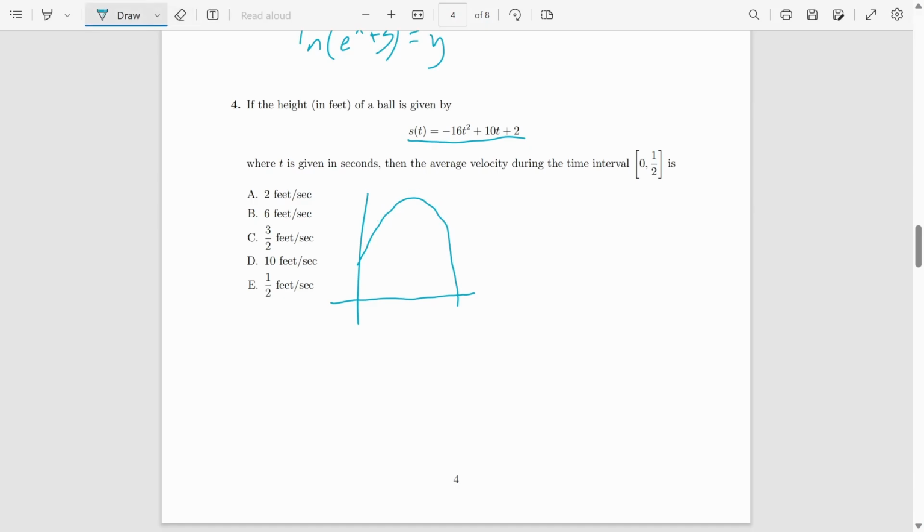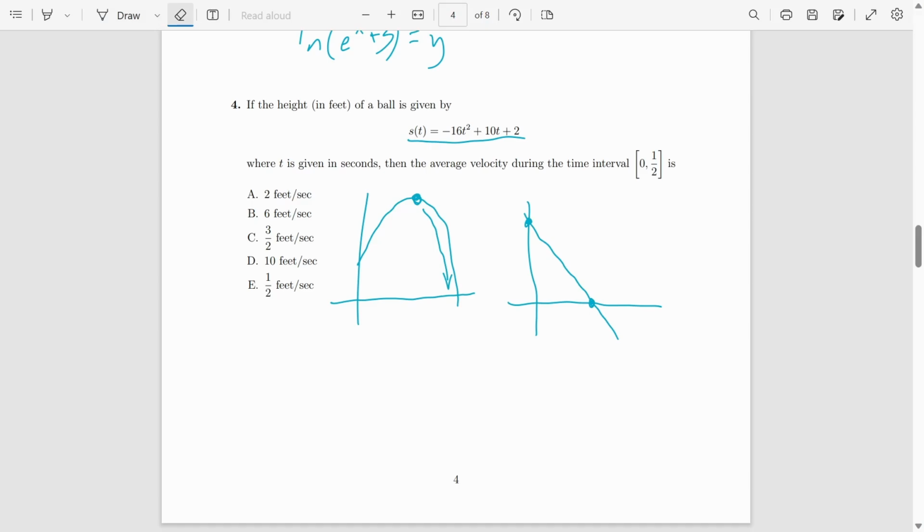And then to find its average velocity, well, that's a derivative. So that will probably end up looking like this, just a straight line going down, where right at its peak, it's at its fastest speed going up, and then keeps slowing down, and then this point corresponds to when it hits its peak, and then as gravity takes it down, its velocity is now negative since it's going down.